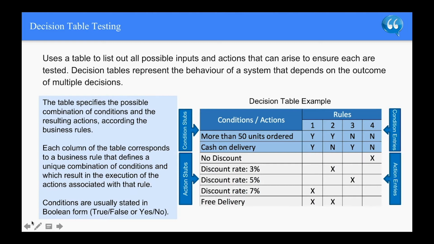Each column of the table corresponds to a business rule that defines a unique combination of conditions which results in the execution of the actions associated with that rule. Conditions are usually stated in Boolean form, for example, true or false, or yes or no.